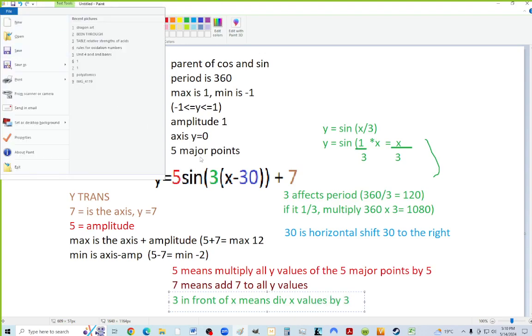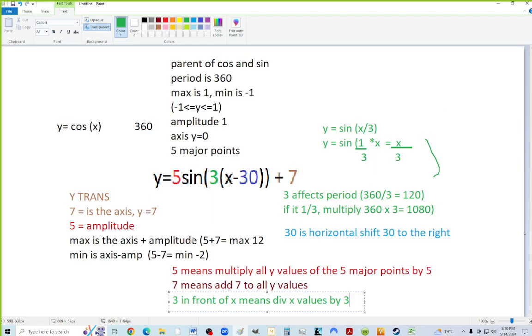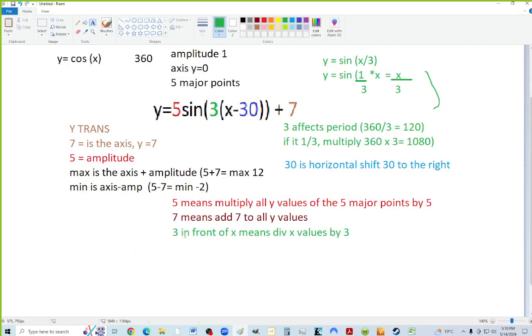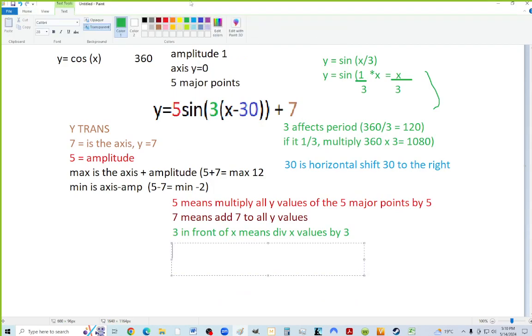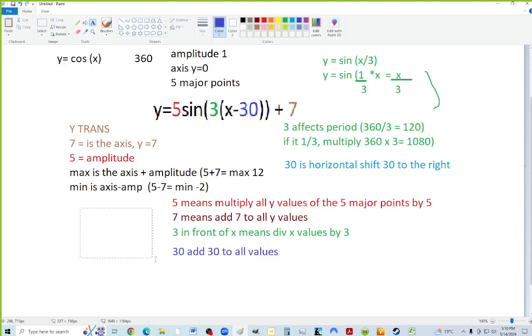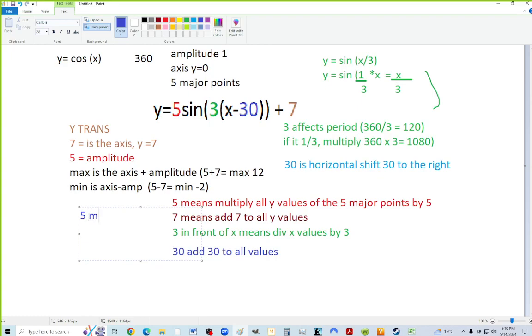And finally, the blue 30 is add 30 to all x values. So this is to the 5 major points. It doesn't matter if it's a cos curve or sine curve. 5 major points. That's what you do, in this specific case.